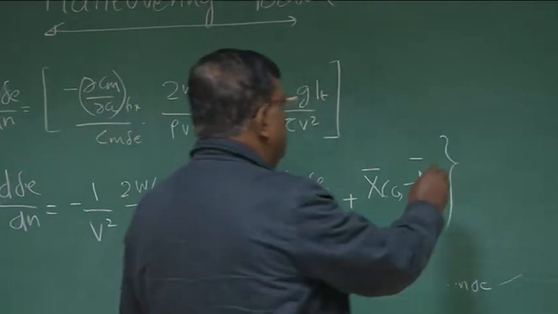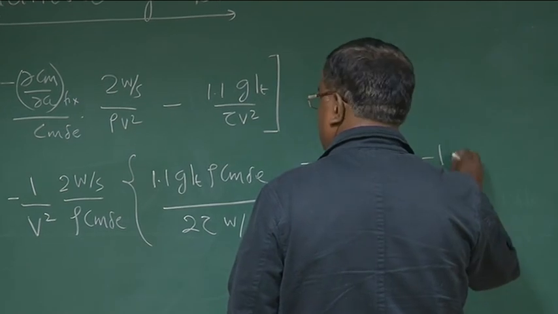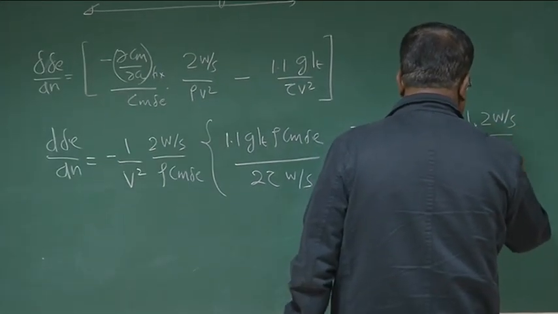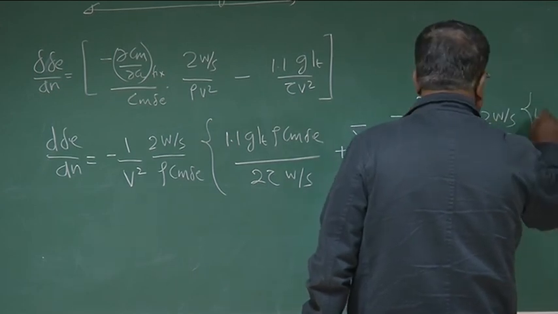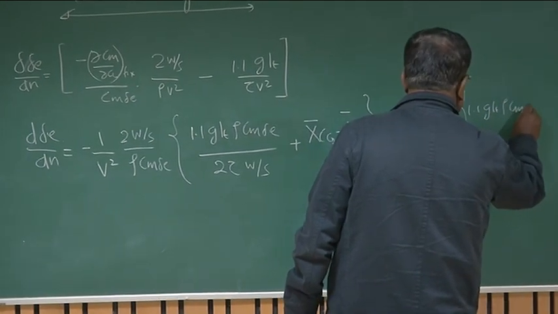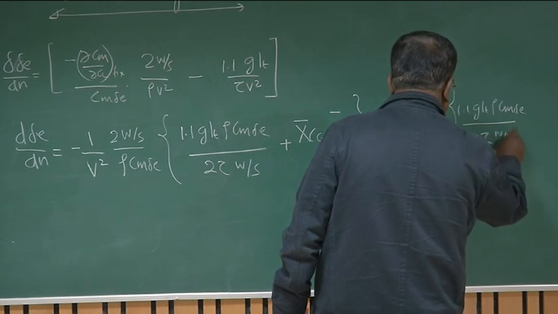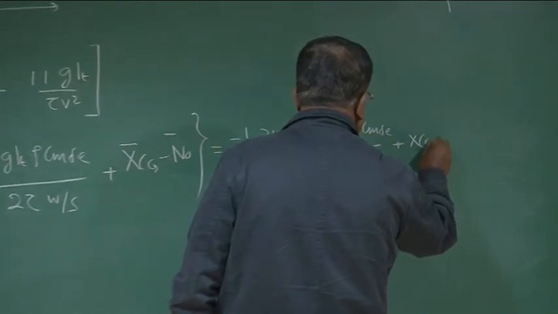So this will further I will write as minus 1 by V square, 2 W by S by rho Cm delta E, and then 1.1 g lt rho Cm delta E. You please do yourself, 2 tau W by S, then xcg bar.